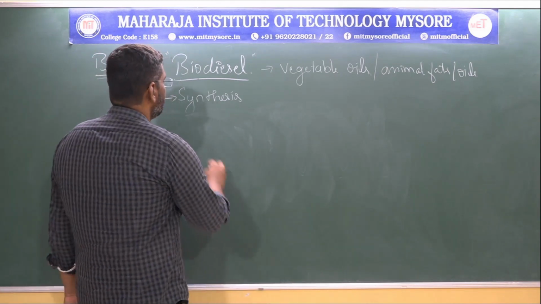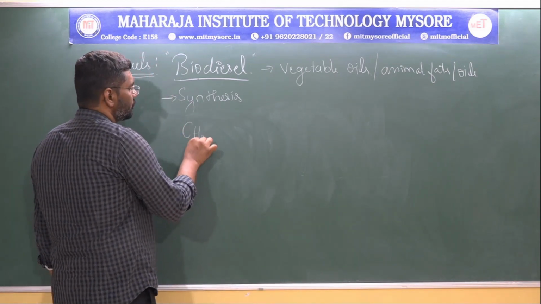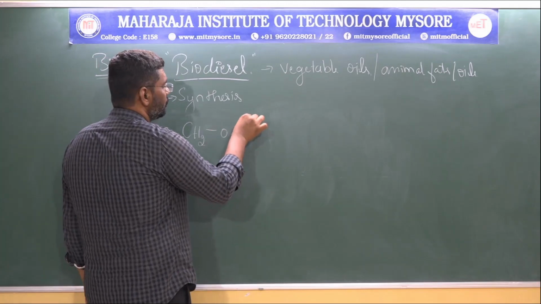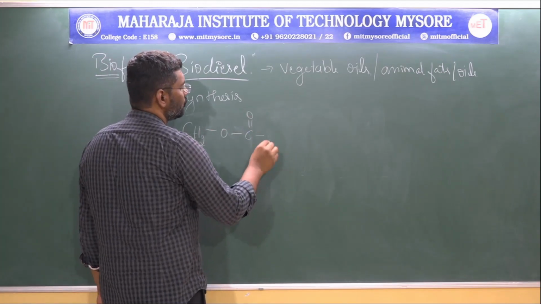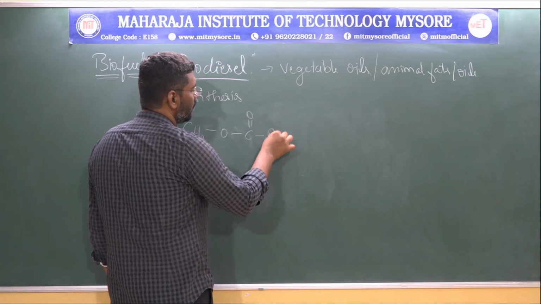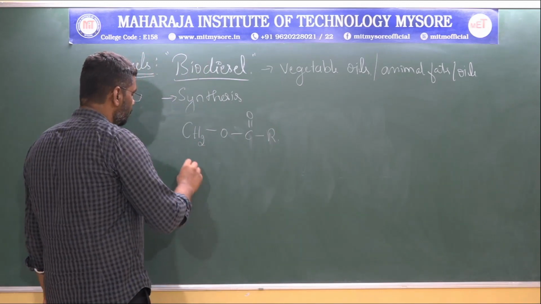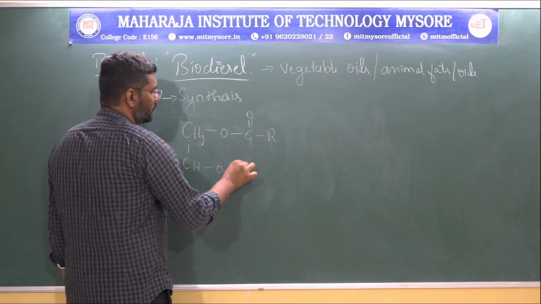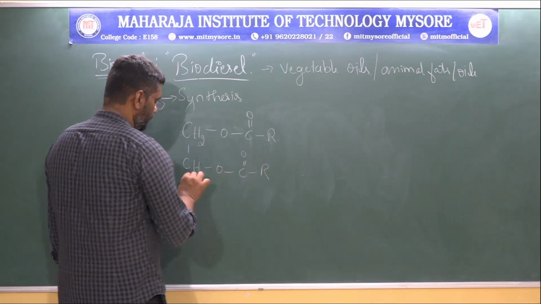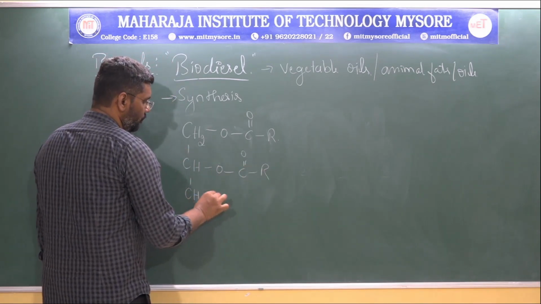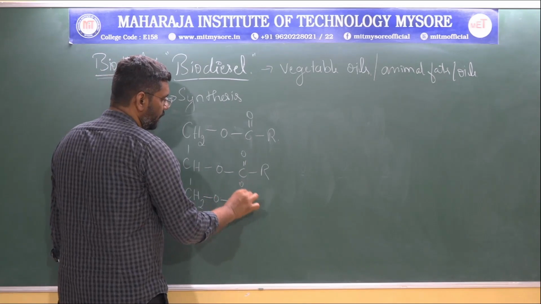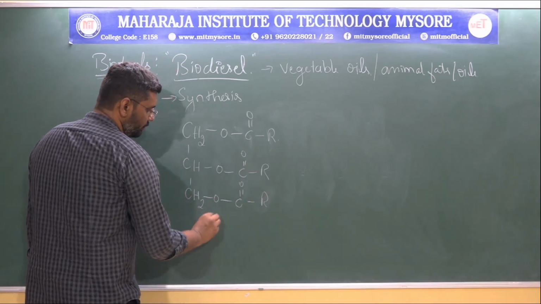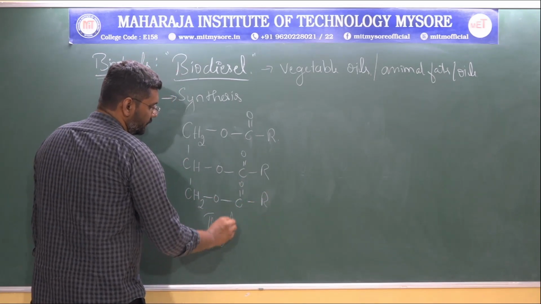The structure of a triglyceride will be as such: CH2O, C double bond R. R refers to alkoxy groups. CHO, C double bond R, CH2O, C double bond R. So this is the best example of triglycerides.